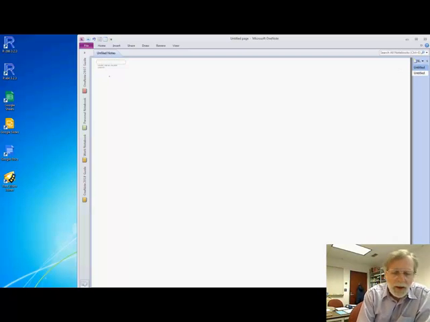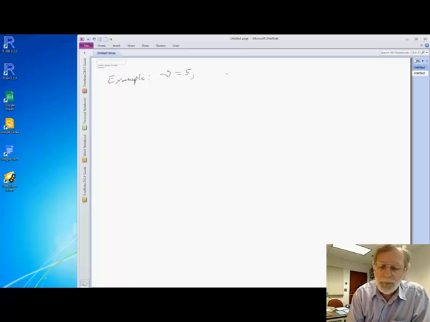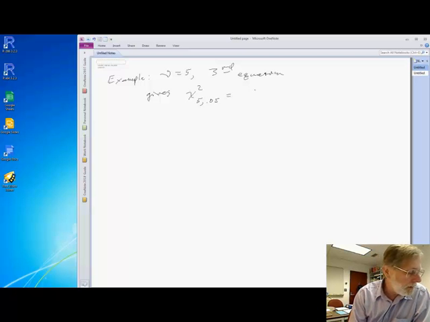And for example, for nu equals 5, the third equation gives chi-squared 0.05 equaling 1.12799.